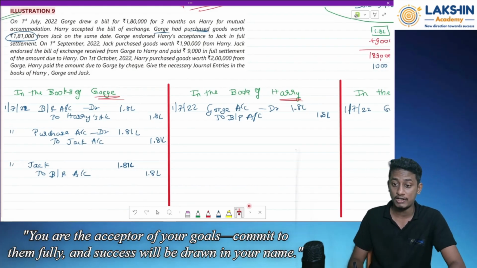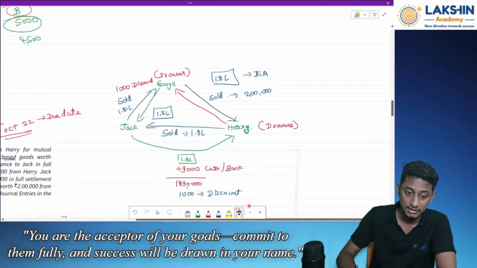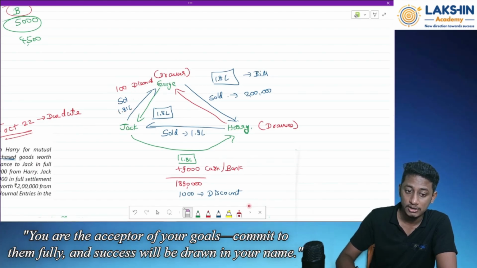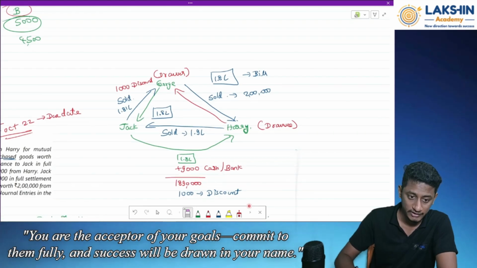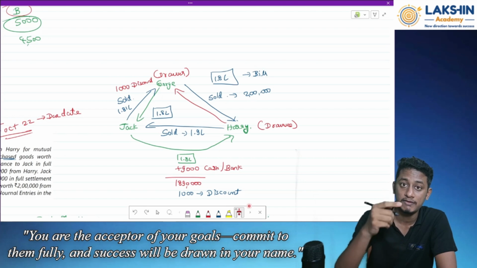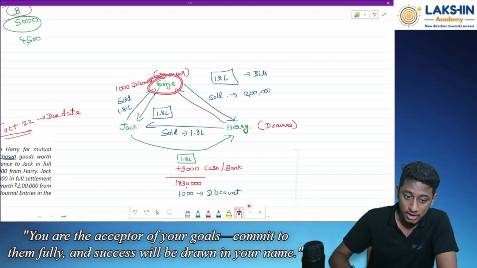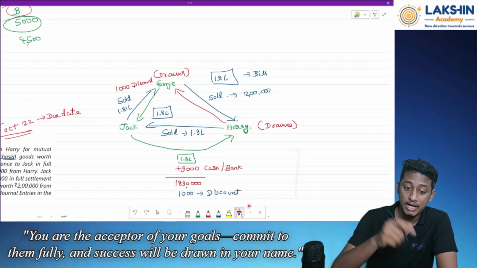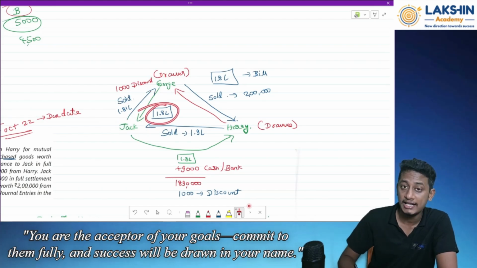So what has happened over here? If you remember in our transaction, there was a discount. How much? A discount of 1000 rupees, because the transaction between George and Jack was for rupees 1,81,000, but the bill was only of rupees 1,80,000.